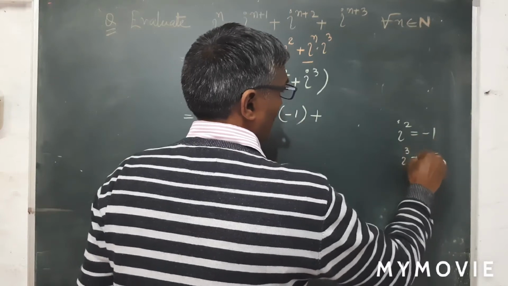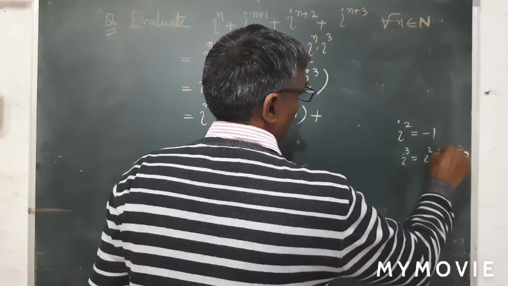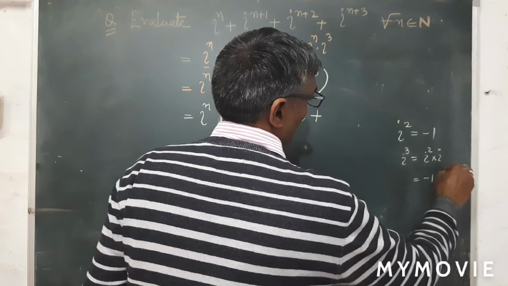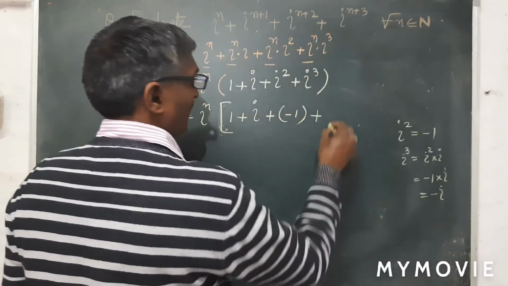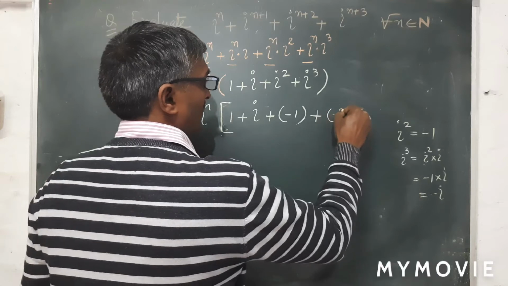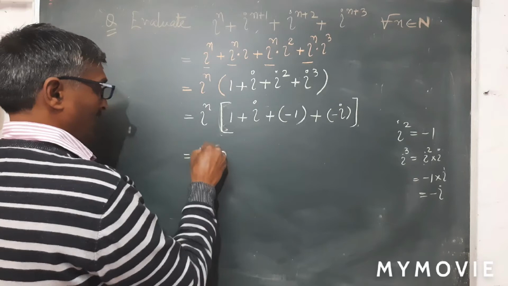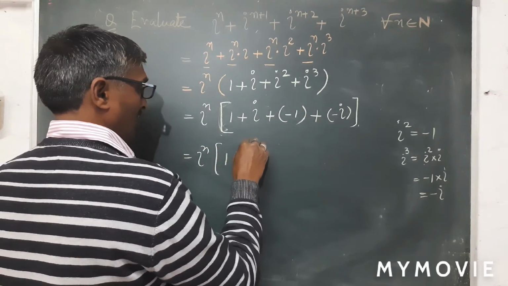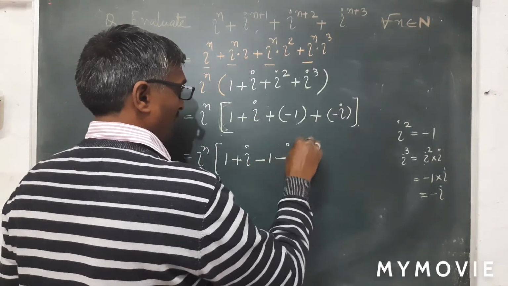Iota cube is equal to iota square into iota, that is minus 1 into iota, that is minus iota. So iota to power n into 1 plus iota minus 1 minus iota.